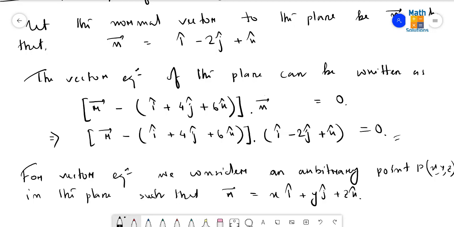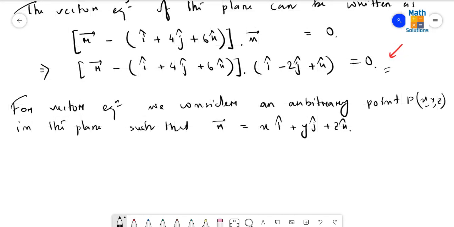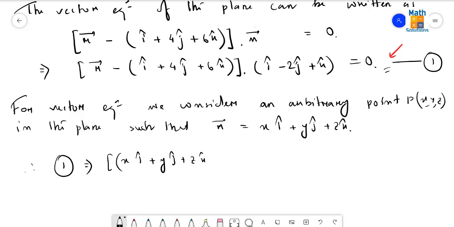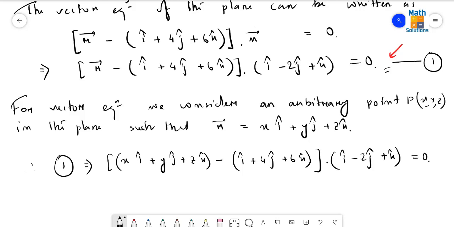So this value of r, I am going to put here in this equation. So let us check what we get. Let's mark this as 1. Therefore 1 implies, in place of r I shall be putting x i cap plus y j cap plus z k cap minus i cap plus 4j cap plus 6k cap dot i cap minus 2j cap plus k cap is equal to 0.